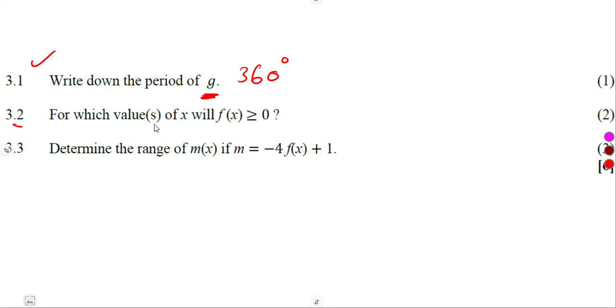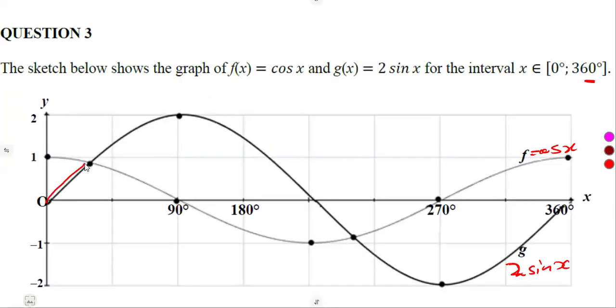3.2, the value or values of x for which f of x is greater than or equal to 0. This is our f. When it is greater than or equal to 0, measure it from the horizontal, the x-axis, because on the x-axis, y is equal to 0.